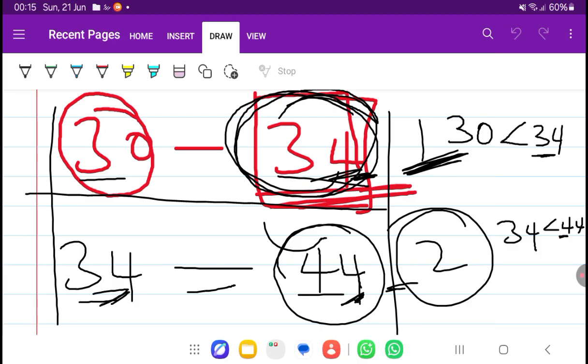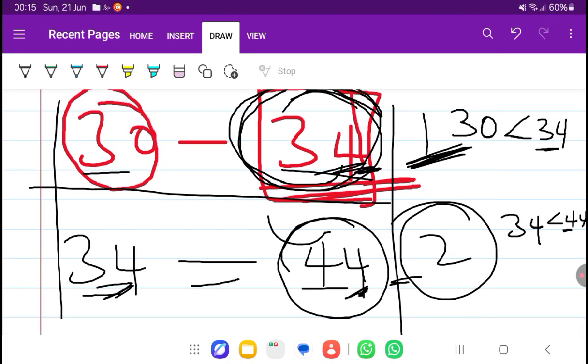And we've said that this 30 is actually our lowest class limit, because it is the smallest value that could go in a class.